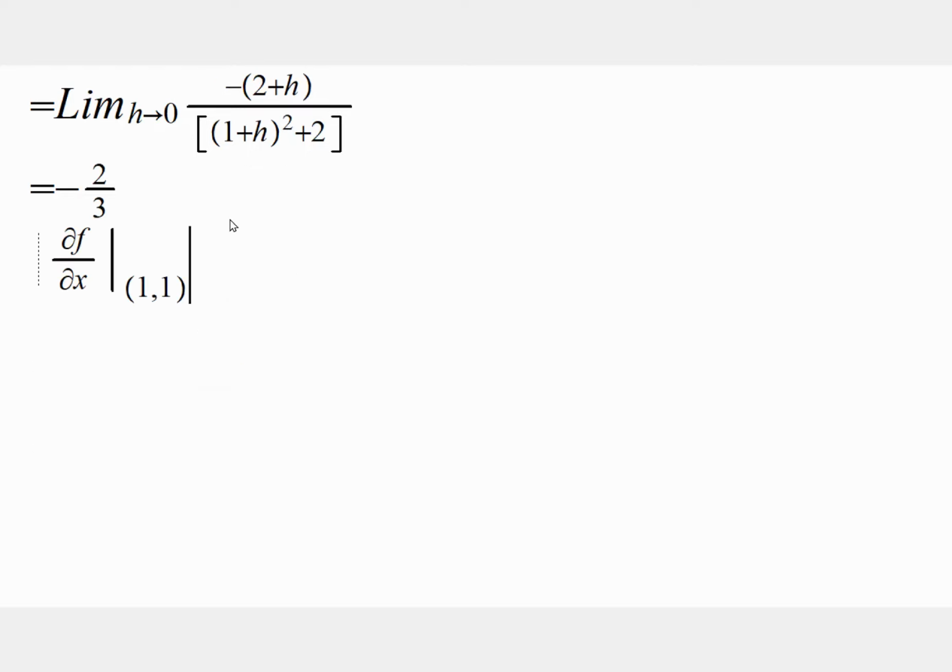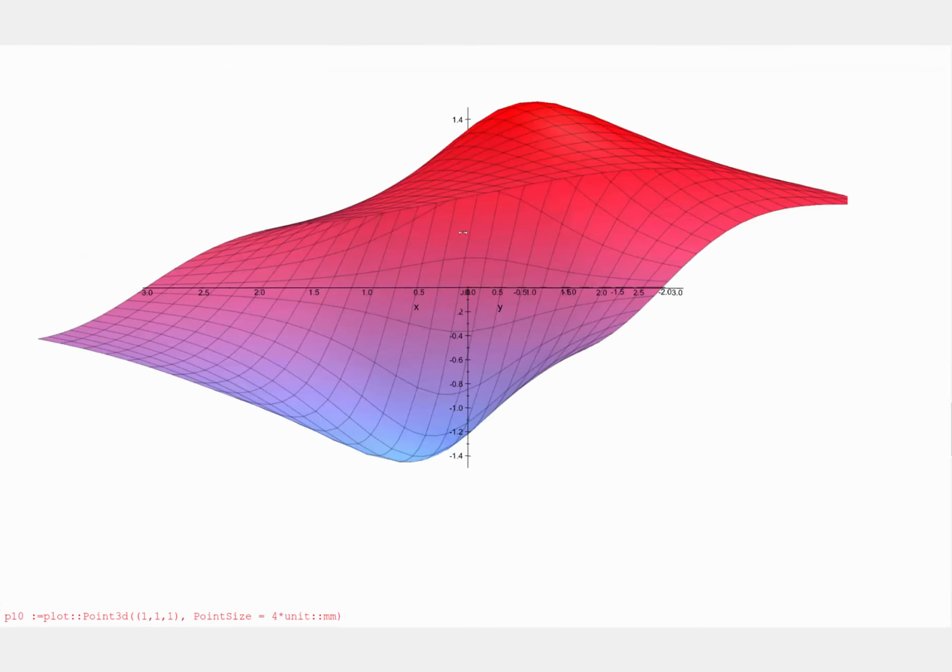So now what we have concluded here is that the partial derivative of f with respect to x at 1, 1 is negative 2/3. Now let's see what's going on here geometrically. To see how it works, first let us look at a graph of this function, created by MuPAD in MATLAB.